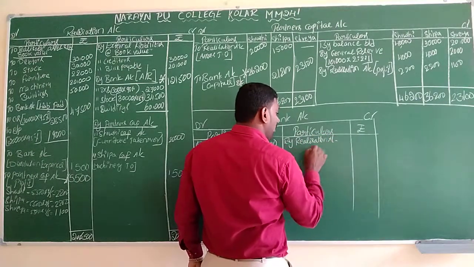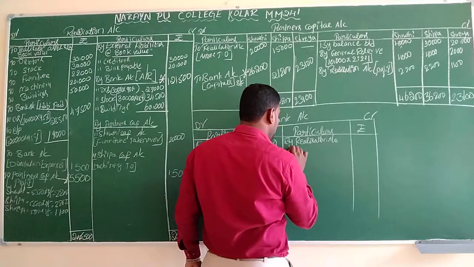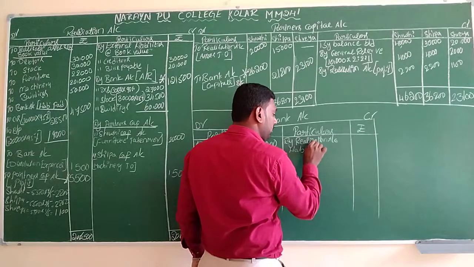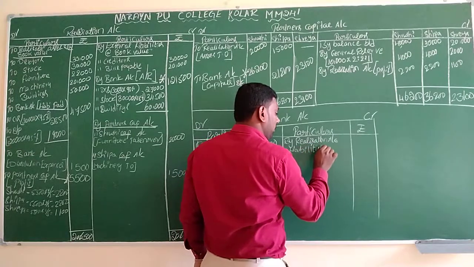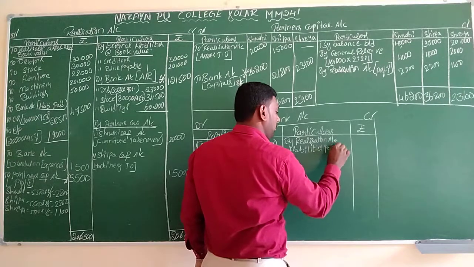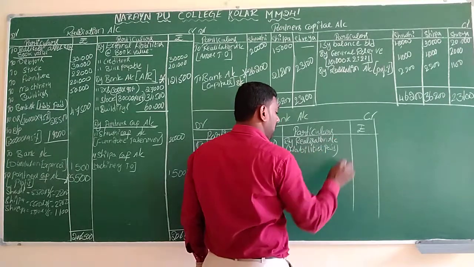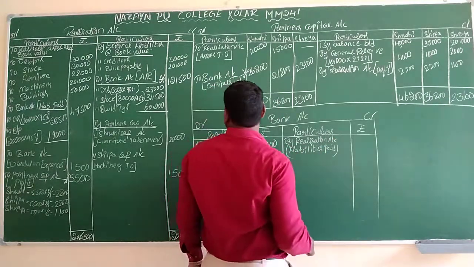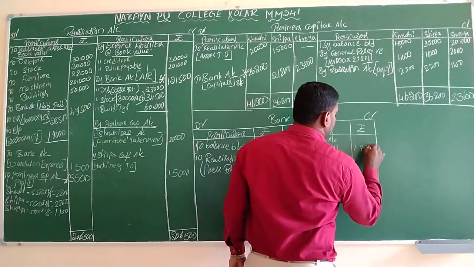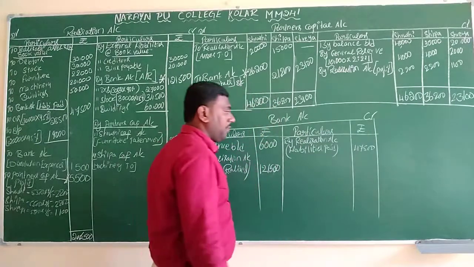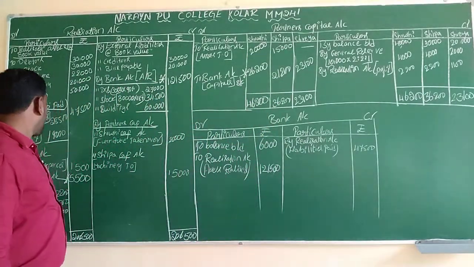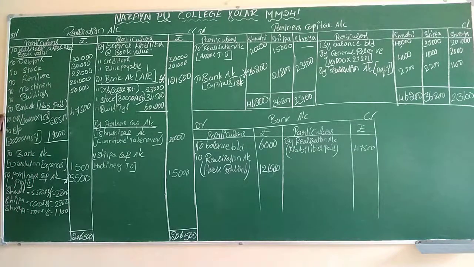In bracket we mention liabilities paid. The value of liabilities is 47,500. After that, step number 4 is completed.